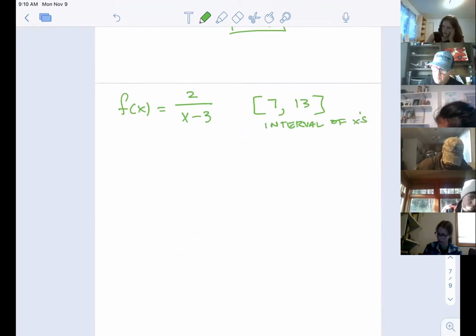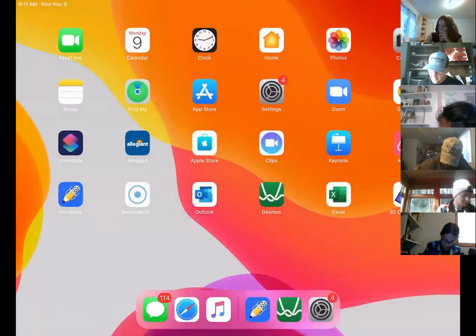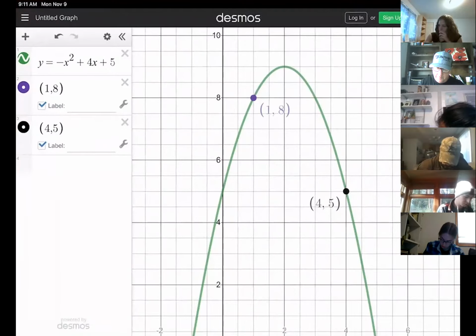Again, that's the interval of x's. I'm going to make a graph of it while I give you a second to think about it.